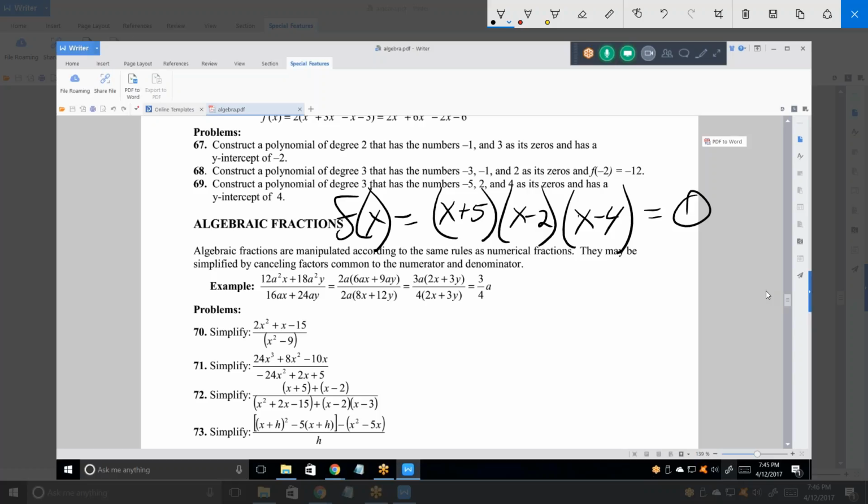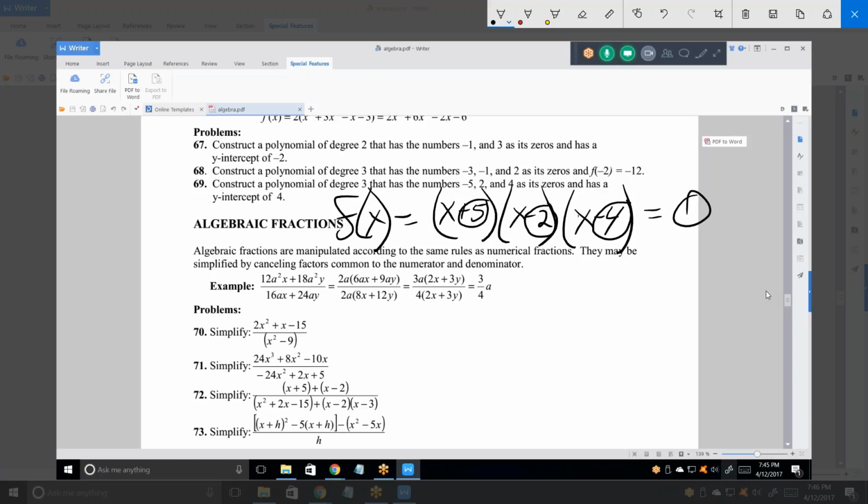Or, if you happen to know this, it's these three numbers times one another that's going to give you the y-intercept, right? In other words, when I multiply these three out and I get a third degree polynomial, it's got one constant, the last number. That's my y-intercept, right?